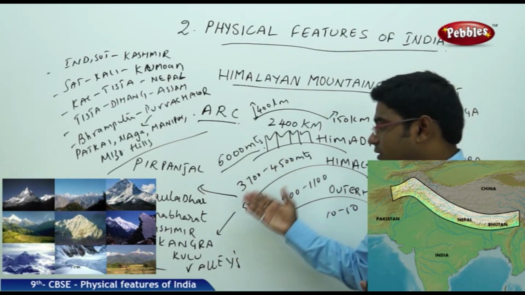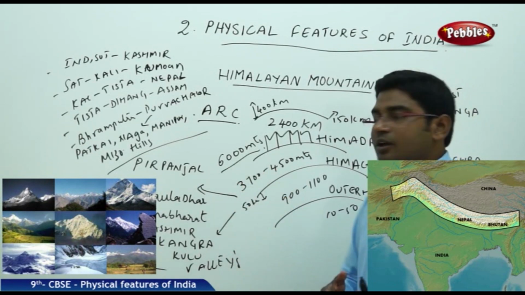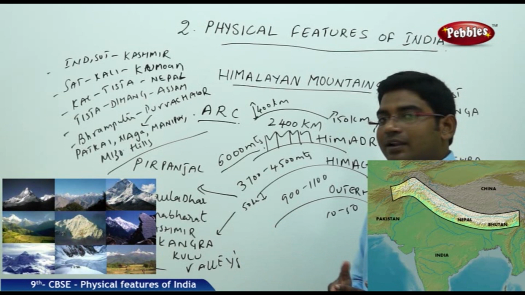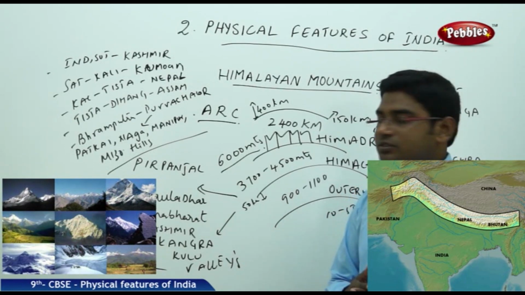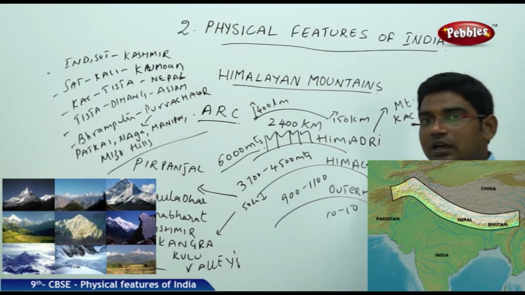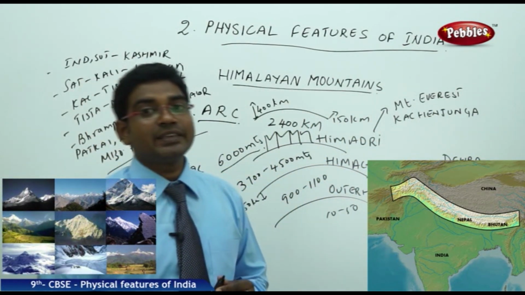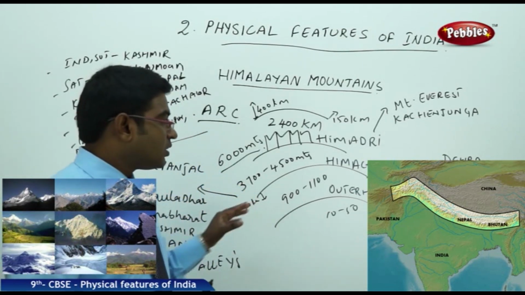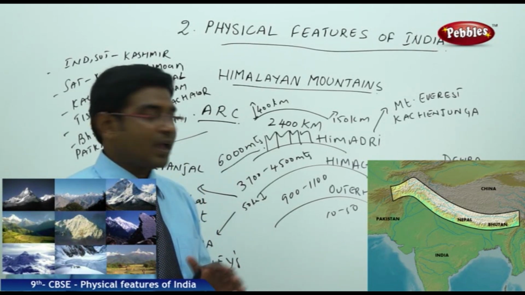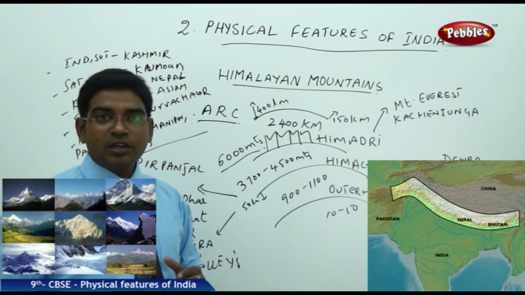We find different ranges of mountains here, starting with the Pir Panjal range, the Dauladhar range and the Mahabharat range as the famous ranges, while the Kashmir, Kangra and Kulu valleys are the most beautiful scenic spots of this region. And regarding width, here we have 50 kilometers of width in the Himachal region.